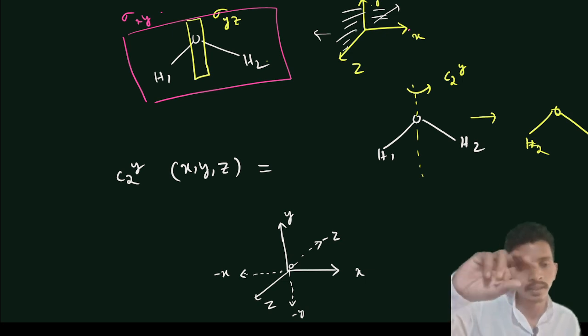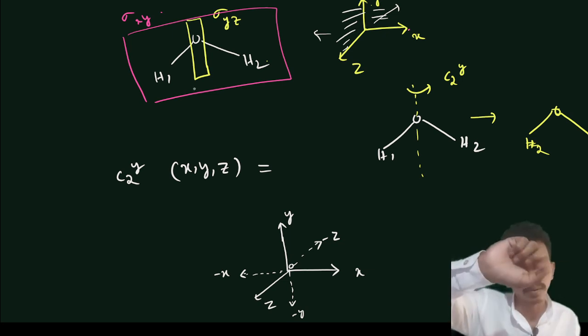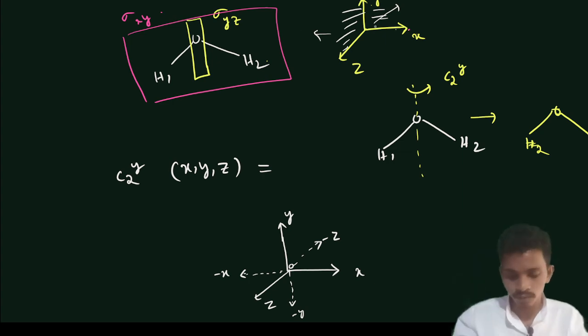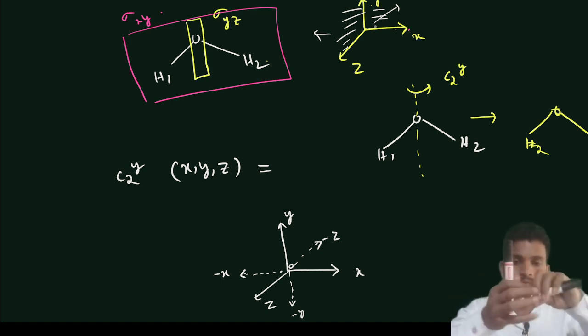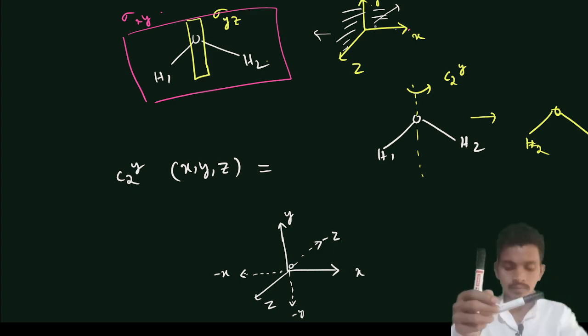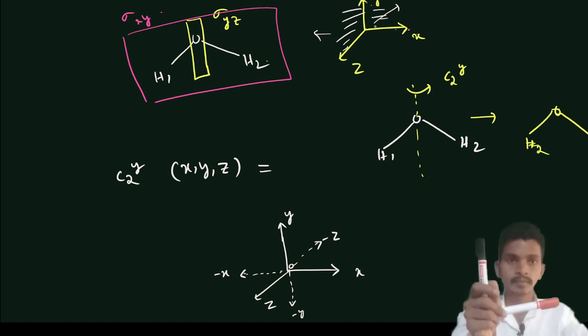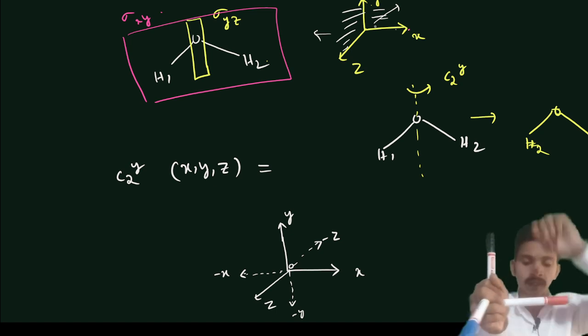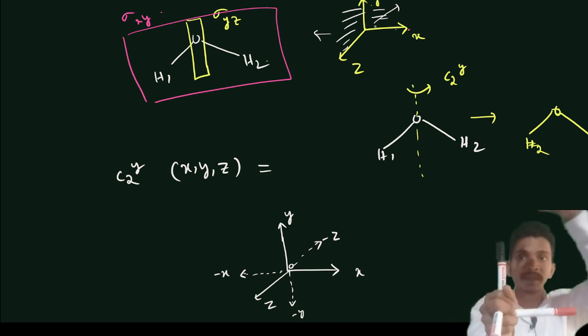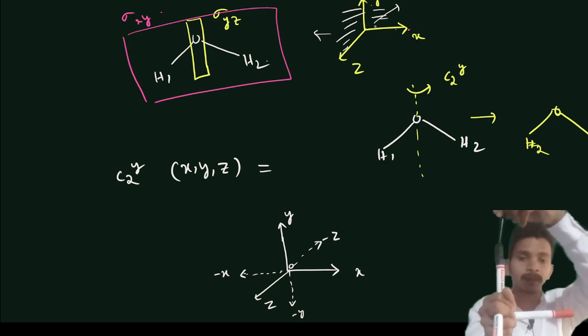I am applying that and rotating by 180 degrees, then what happens? This will go here and this will go here. Let me show you. Now if I pass the axis and do 180 degrees, this will look like this.